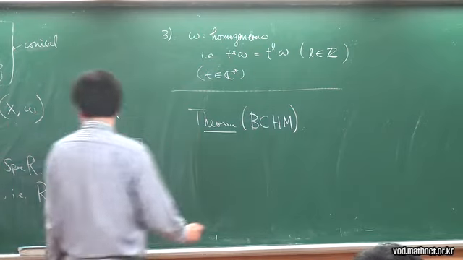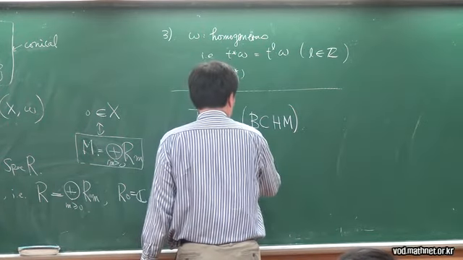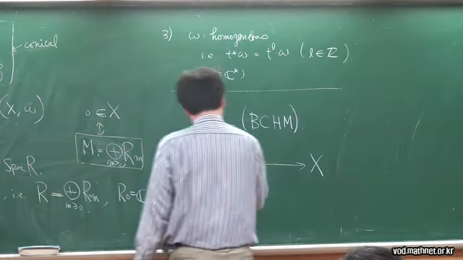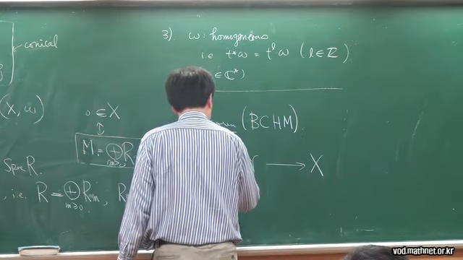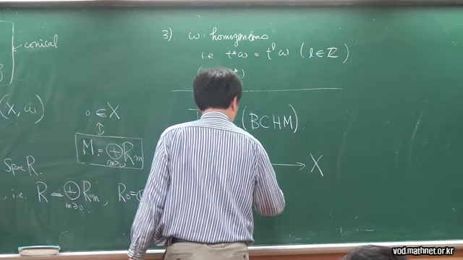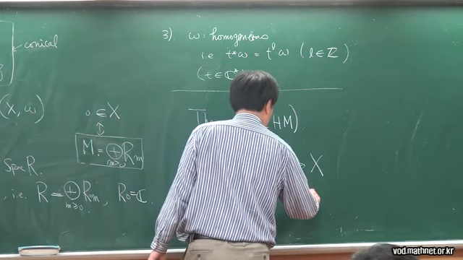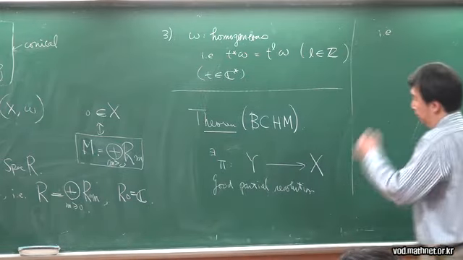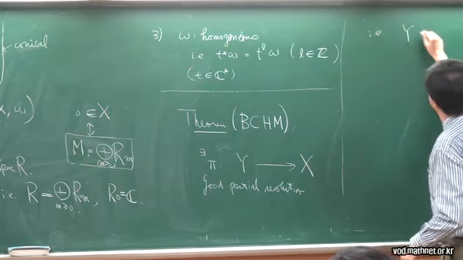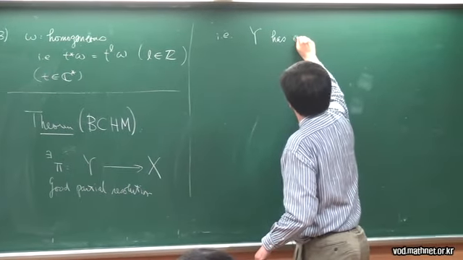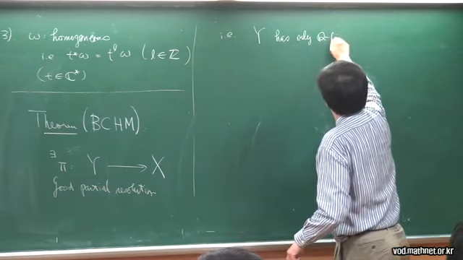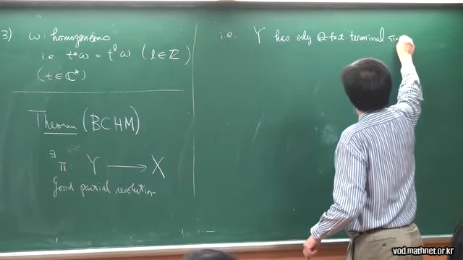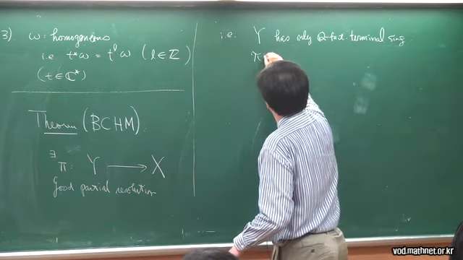It says that there exists a good partial resolution pi from Y to X. That means, first, Y has only Q-factorial terminal singularities, and pi is crepant.